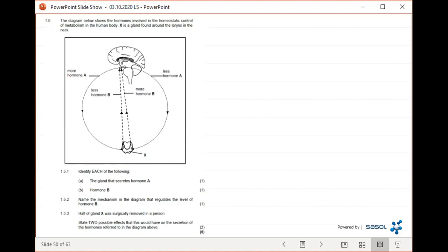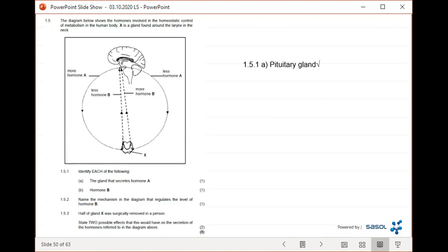We know that there is a gland in the region of the brain which acts on the thyroid gland, right? So the gland that secretes what? The thyroid stimulating hormone, and that gland would be the pituitary gland. Or if you wrote the hypothalamus, then it would also be correct.